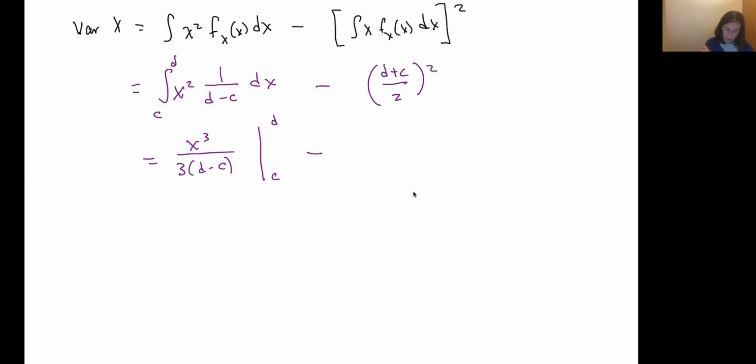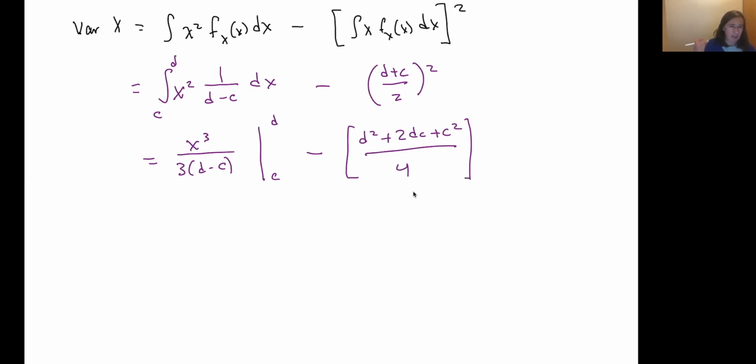That's going to need a little bit more working. I might as well write out the square for the expectation of x squared, so that's going to be (d squared plus 2dc plus c squared) over 4, and we're subtracting that whole thing.